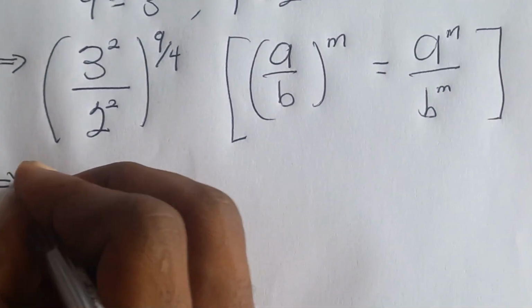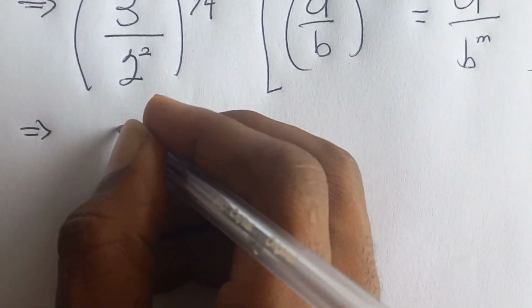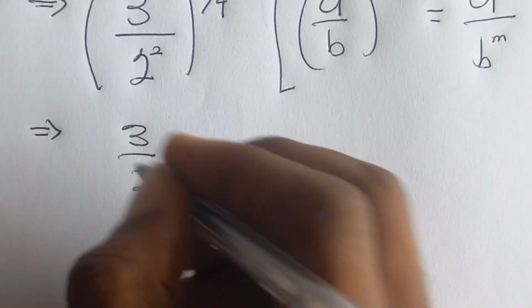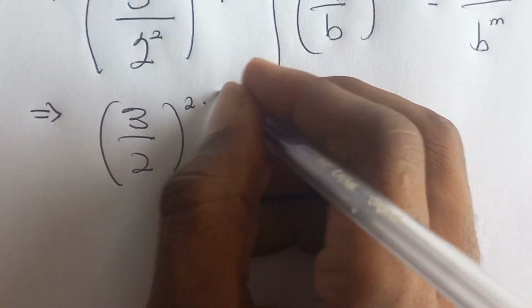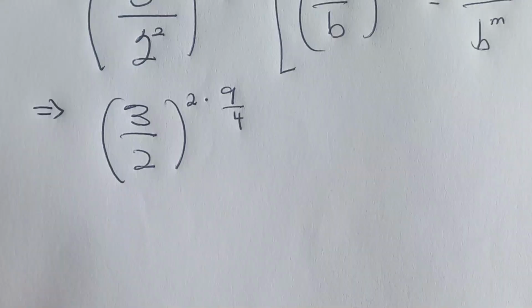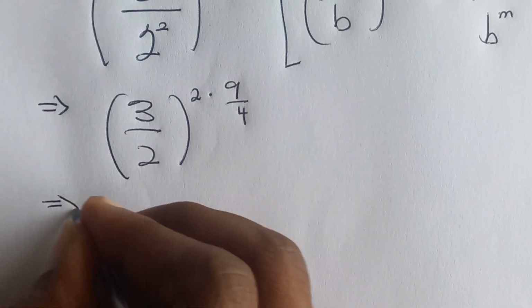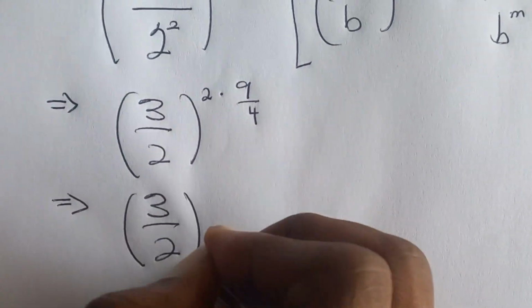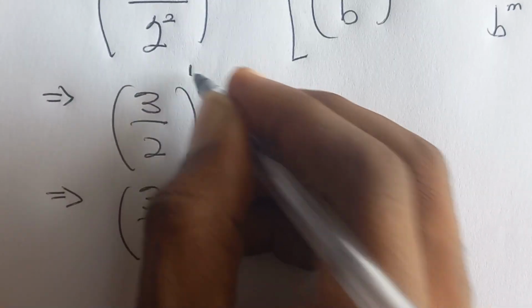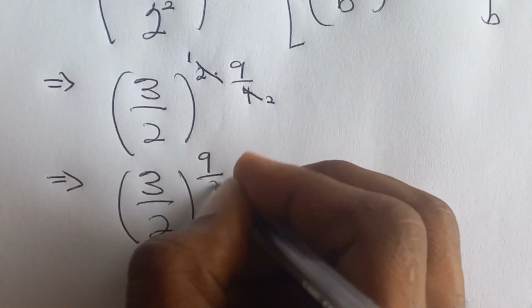So which is equal to (3 over 2) exponent 2 multiplied by 9 over 4. So to simplify this, we are going to get (3 over 2) to the bracket. This 2 goes into 4, two times, so it will be 9 over 2.